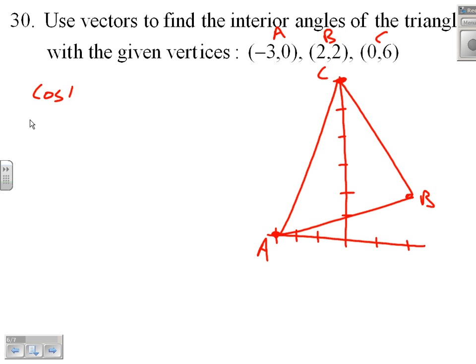Cosine of A equals the dot product of the vectors exiting angle A, and the vectors exiting angle A have horizontal and vertical components. If I call this V1, exiting angle A, that has a horizontal component of 5, a vertical component of 2.